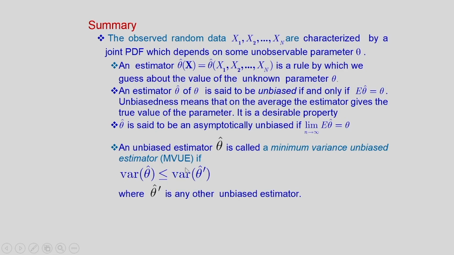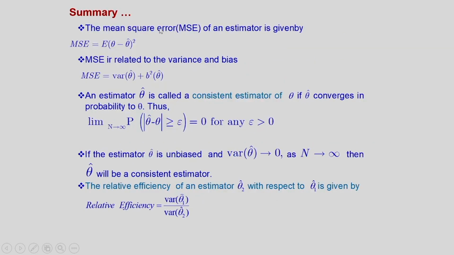We also discussed the mean square error, MSE, of an estimator, given by MSE is equal to E of theta minus theta hat whole square. MSE is related to the variance and bias by this relationship: MSE is equal to variance of theta hat plus bias of theta hat square.